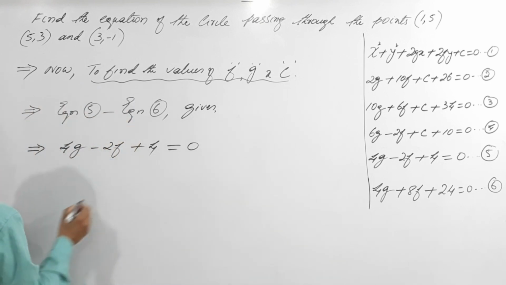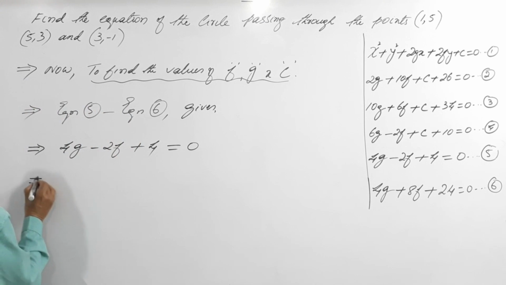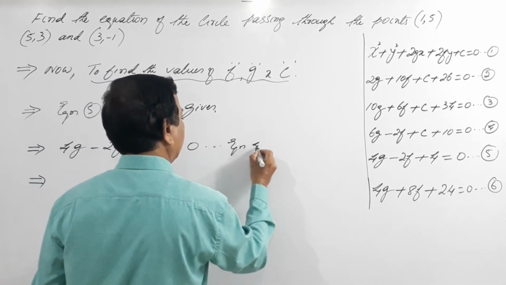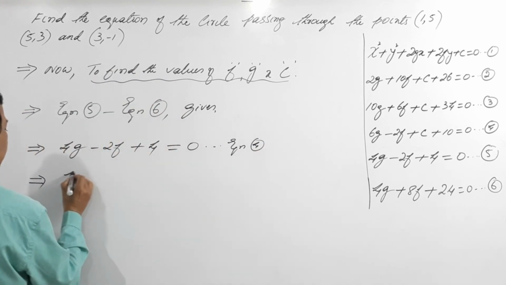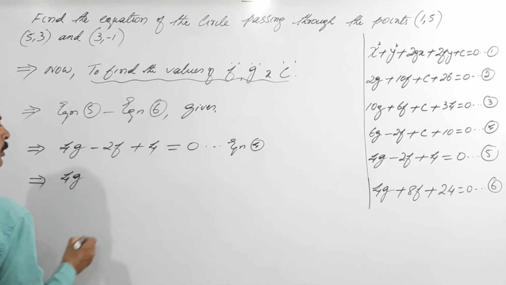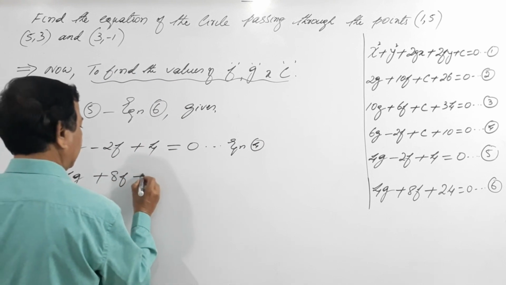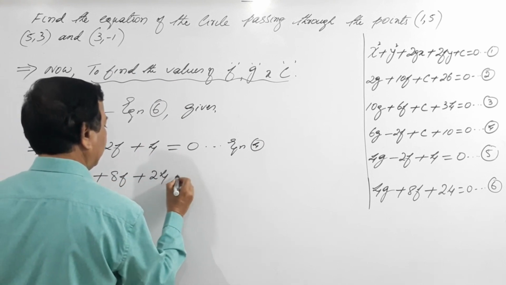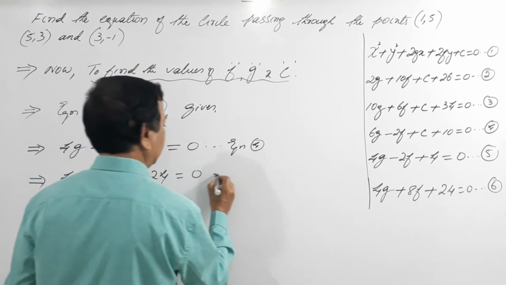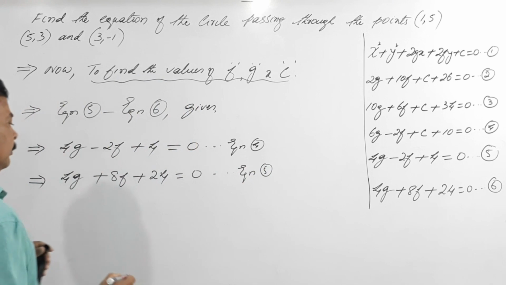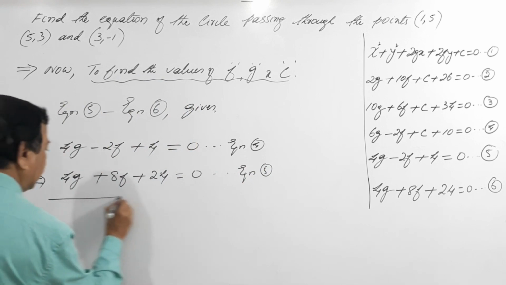This is equation 5. And this, 4G plus 8F plus 24 equals 0, is equation 6. So we will subtract again.